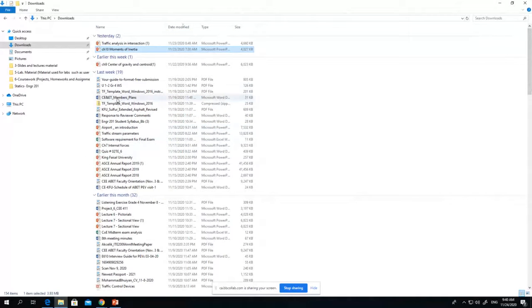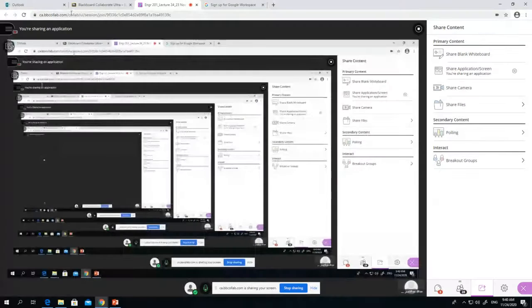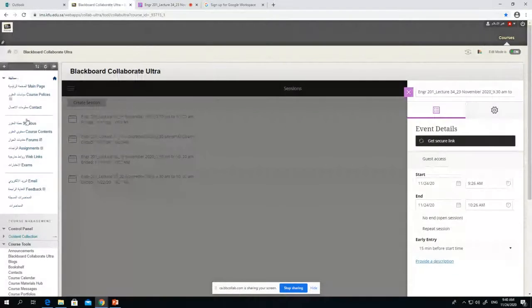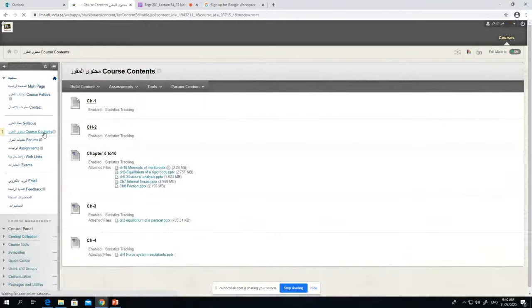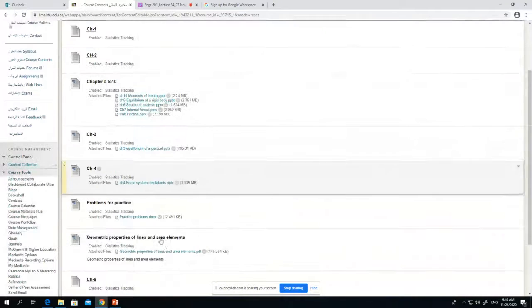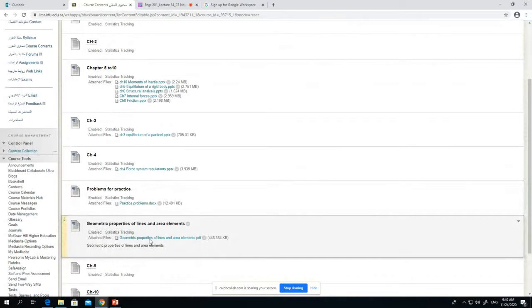If it is not there, we have to find it again. Anyway, you go to your page and go to the course content. In course content, I have given you one page: Geometric properties and line of the area.